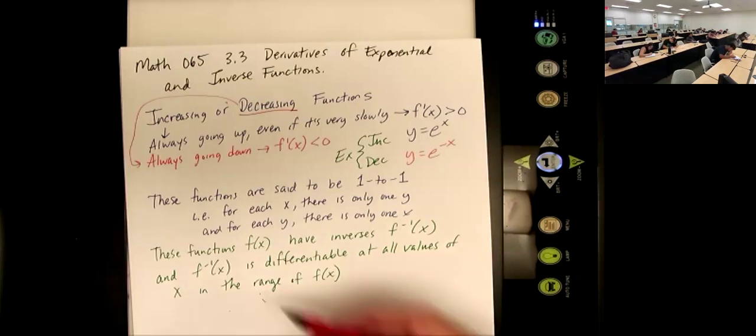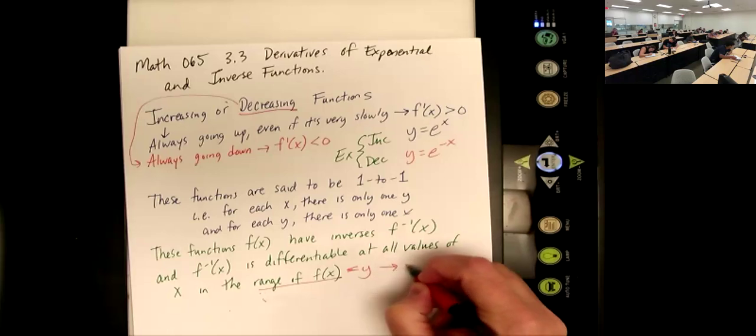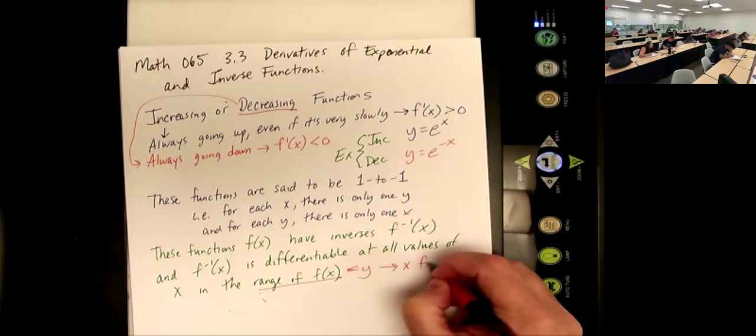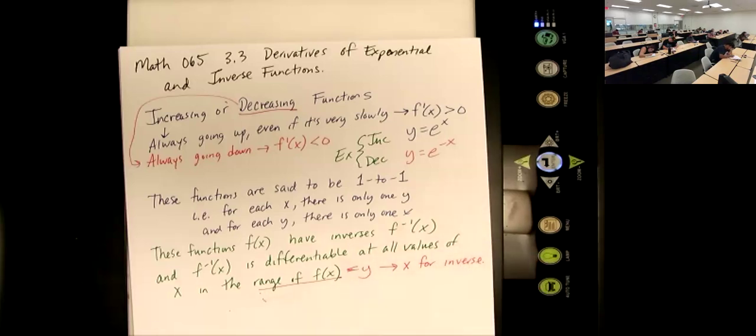Because the range of f of x are the y values, and these are the x values for the inverse. That's how inverses work. We swap x and y, so the range becomes the domain of the inverse.